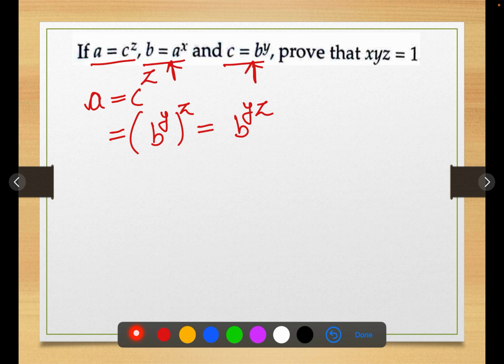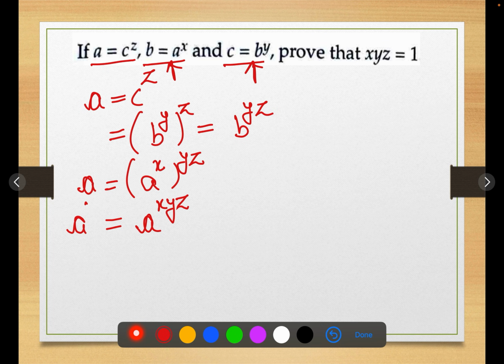Now do I have the value of b here? Yes, I have. So I'll again use the value of b, which is a to the power x yz, which is equal to a to the power xyz. Power to the power will multiply. Now if you see, the base is same and we have an equal to sign. So what do I get? 1 is equal to xyz, which is to be proven, and we'll write hence proved.